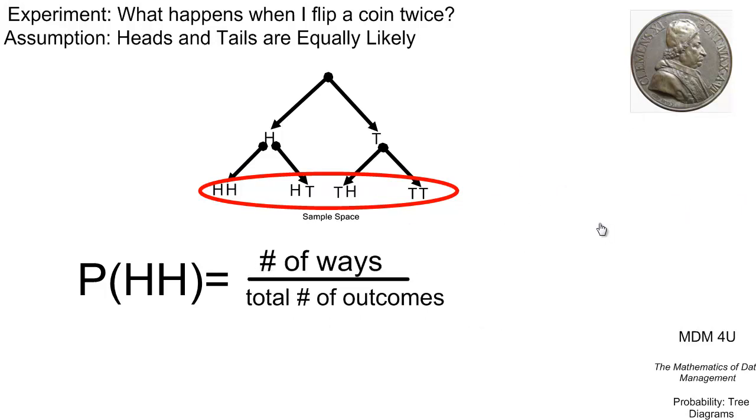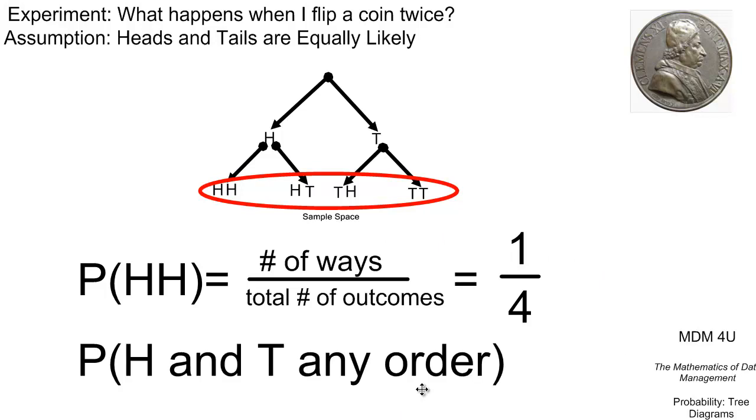And of course, in this case, that is equal to 1, because there's only one way I can get a head and a head in all this sample space, divided by 4, which is the possible number of outcomes. And so knowing that these are all equally likely in this sample space, the probability of getting a head and a head is 1/4.